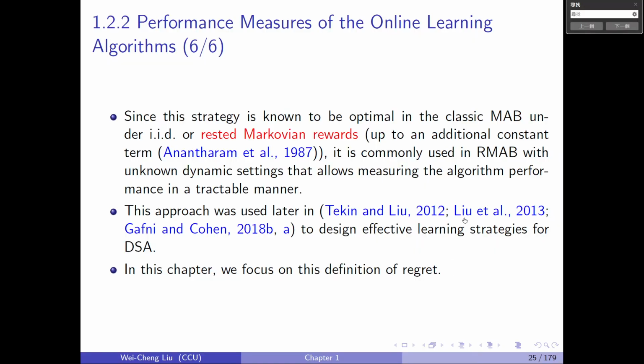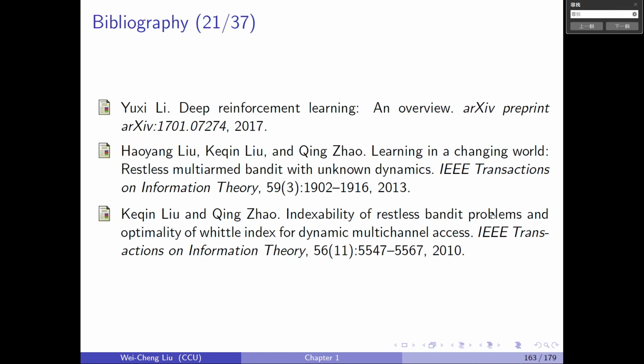And then Liu et al. in 2013. The title of the paper is Learning in a Changing World, Restless Multi-Armed Bandit with Unknown Dynamics, which is published in IEEE Transactions on Information Theory.